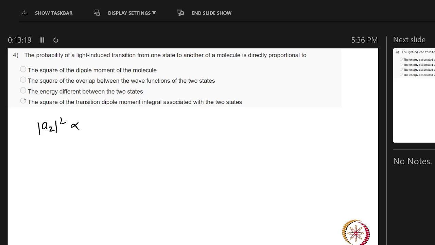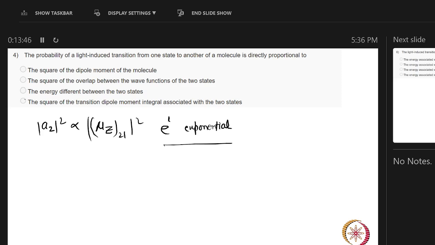We saw it depends on the transition dipole moment integral between state 2 and 1, and the second term was some exponential term, correct? I am not writing this exponential term.